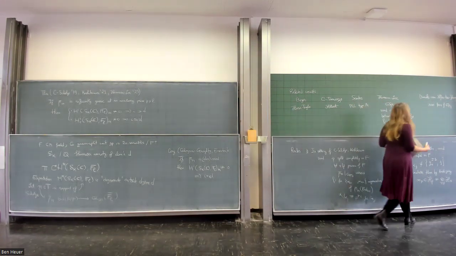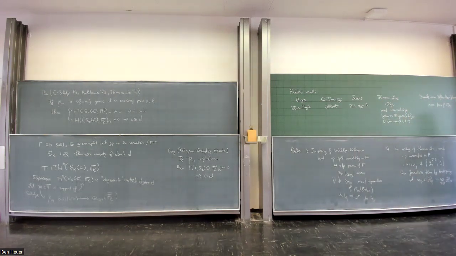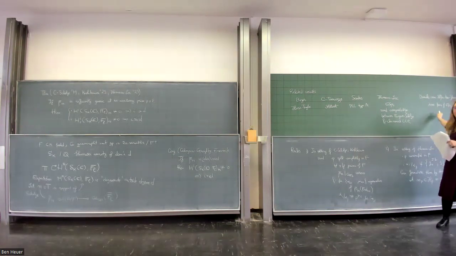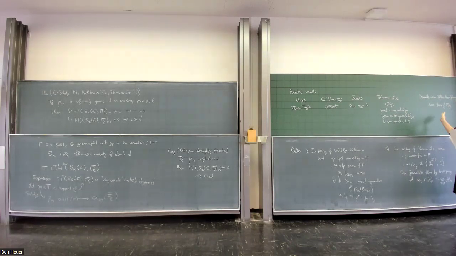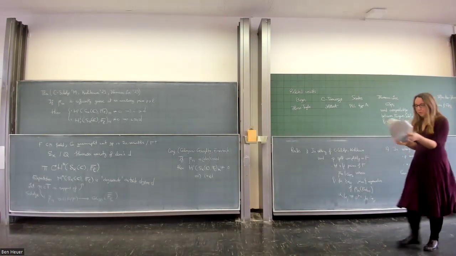And then again, they need this compatibility between Fargues-Scholze and classical local Langlands, but they can get some more general Shimura varieties in this setting. I think those are still only compact for now, so inner forms that give rise to compact Shimura varieties for now.